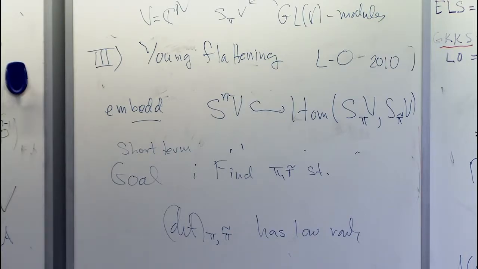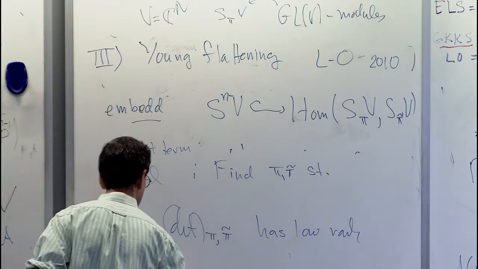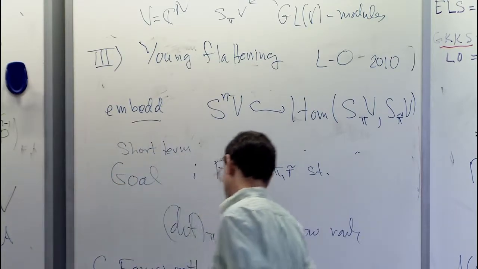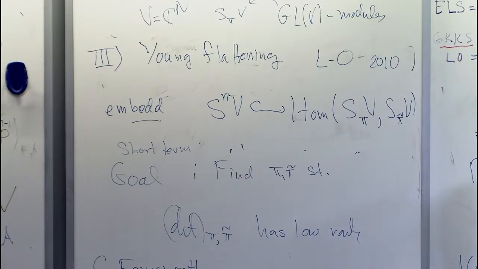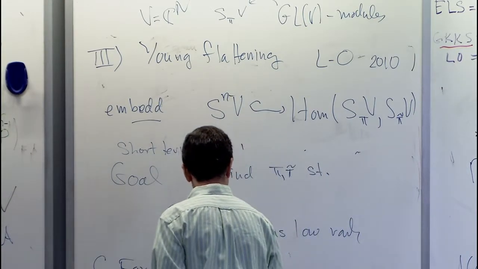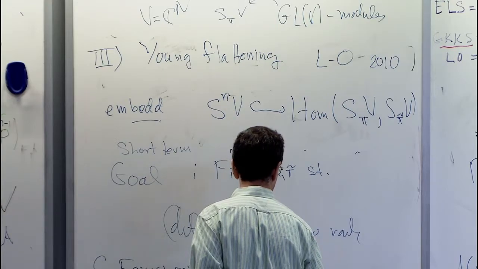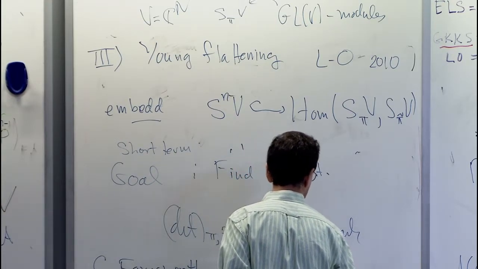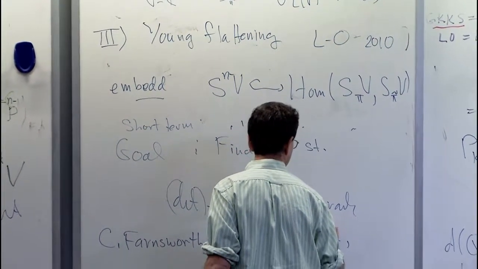So my student Cameron Farnsworth has been working on this, and so I like to call this one the Koszul flattening. And he showed that with this Koszul flattening, in fact, the determinant is more generic.